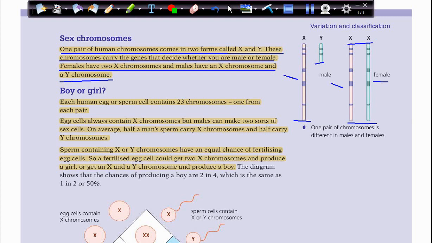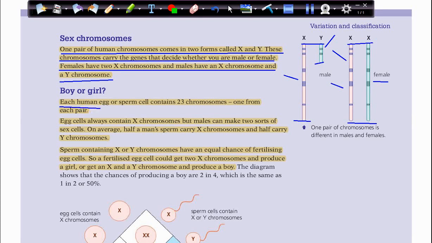But if the sperm cell got inside the egg cell, which holds the X chromosome, with the Y chromosome, it will form XY. In this case it will be a male. So let's see how this can happen, or like the percentage, whether a boy or a girl.